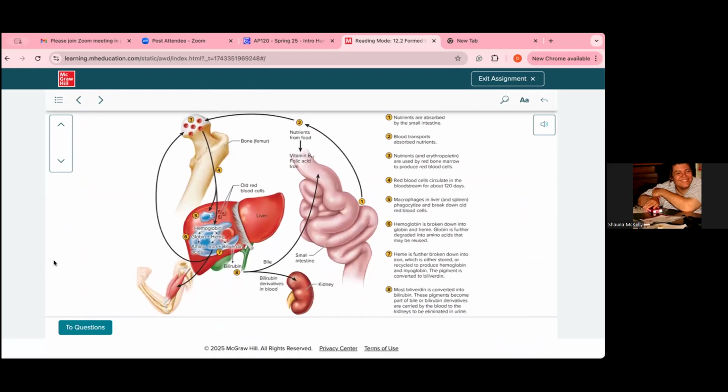Hemoglobin is broken down into globin and heme. Globin is further degraded into amino acids that may be reused. So you break down globin into amino acid, then you recycle that. Heme is broken down into iron, which is stored or recycled.